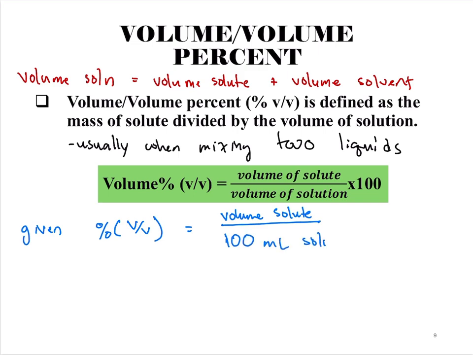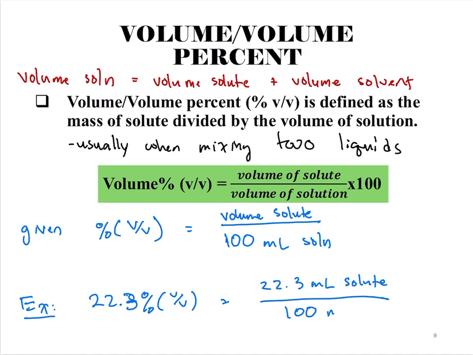So an example of this is if we had a concentration of 22.3% volume to volume solution, that would be 22.3 milliliters of solute per 100 milliliters of solution.